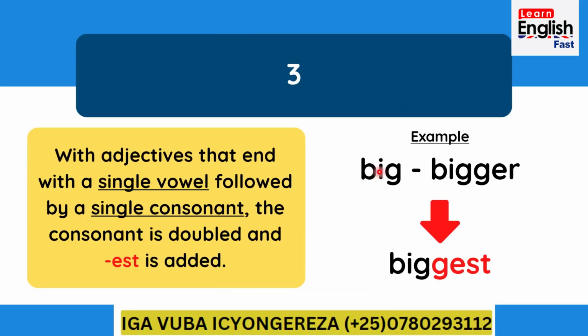Consonant ivuga ngo voyelle ni i cyangwa se niyo vowel, consonant ni g, tukaba dufite consonant nyuma ya vowel cyangwa se nyuma y'inyajwi ya consonant, tuyandika inshuro ebyiri tukabona kongeraho est. Big comparative twabonye ko biba bigger, superlative it becomes biggest.